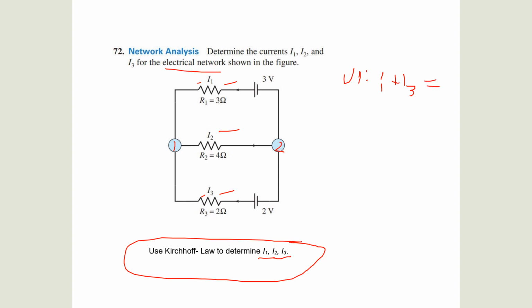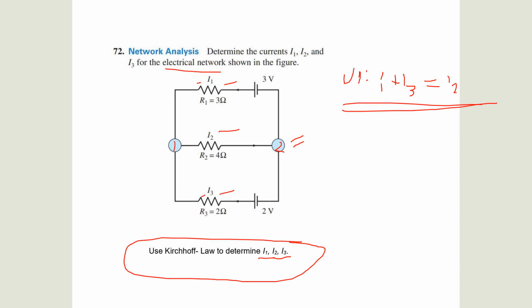That's why that is equal to I sub 2. This is our first equation. Junction 2 has the same equation. Why? Because I sub 1 and I sub 3 are moving away from junction 2, and only current 2 is moving towards junction 2. That's why they have the same equation.